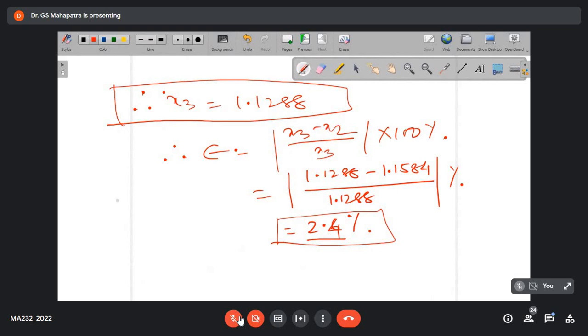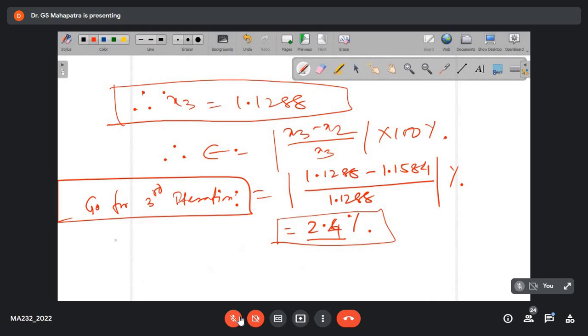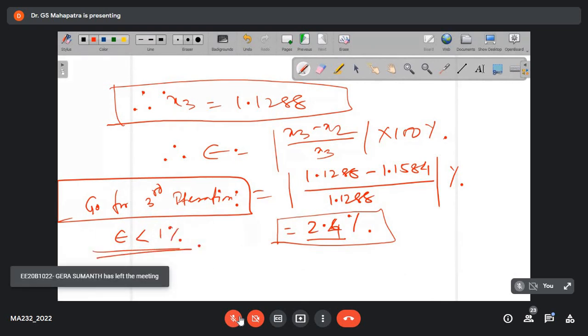So I will not do another iteration here. So go for the third iteration. Okay, so I will not do. Now check your answer. Let epsilon be less than 1% for this problem. Okay, this is the criteria.